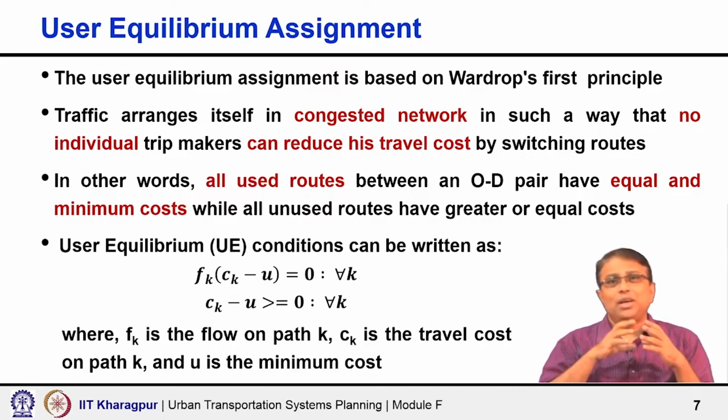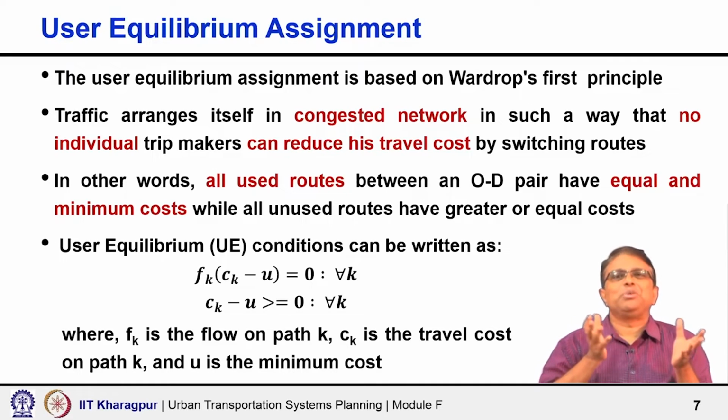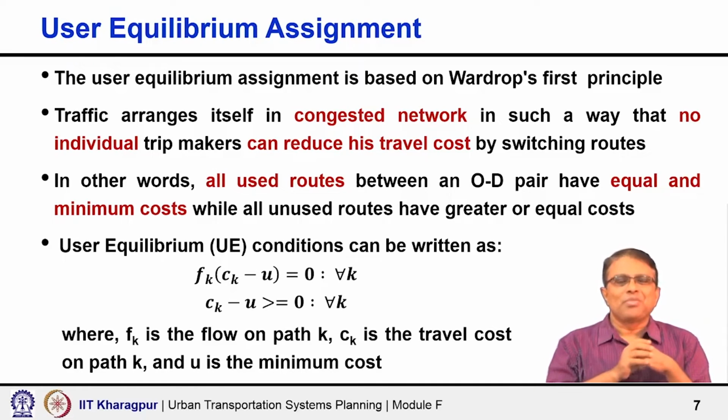For no OD pair can anybody change to get a better one, to reduce travel time. That is when the whole network will be considered under equilibrium. Now, what is f_k? f_k is the flow on path k. What is C_k? C_k is the travel cost on path k, and u is the minimum cost.